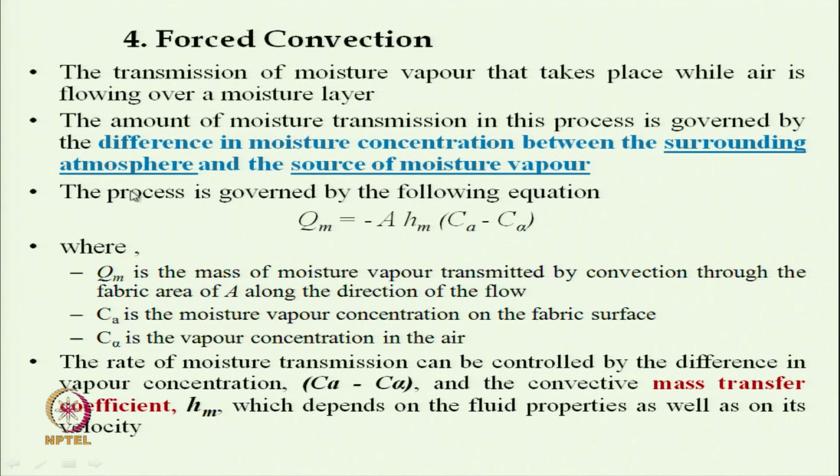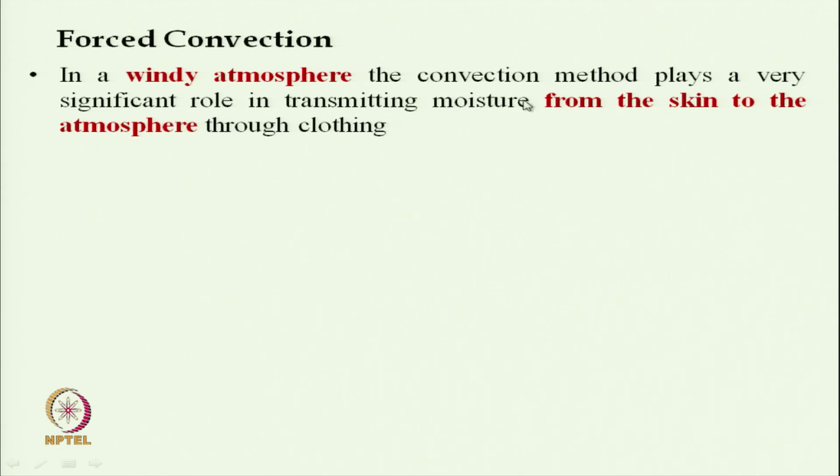The convective moisture vapor transmission is a function of area and vapor pressure also, but the major effect is on the mass transfer coefficient, and forced convection through the material is governed by air velocity. In a windy atmosphere the convection method plays a very significant role, as the coefficient Hm increases in transferring moisture from the skin to the atmosphere through the clothing. So, the higher the wind velocity, the higher the forced convection.